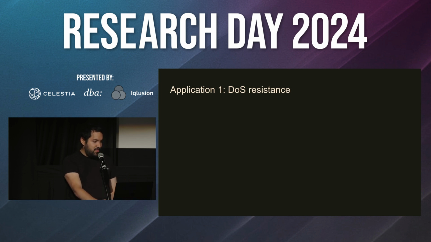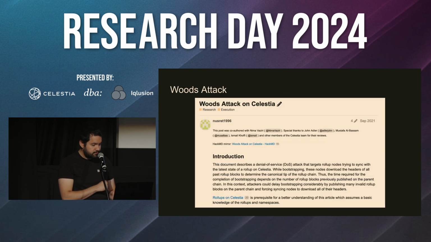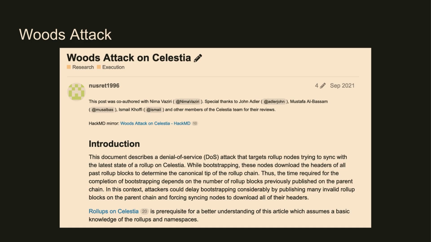So what's an application of predicates in the context of Celestia? One of them is you could have predicates to help improve denial of service resistance. One problem with Celestia, not a vulnerability, but one potential griefing vector, is what is called the Woods attack.